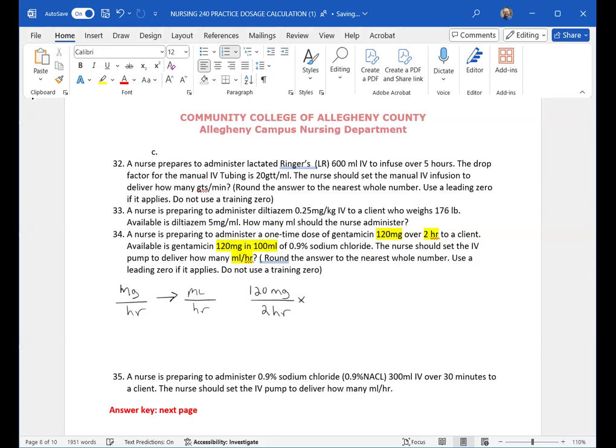So we're going to look for that conversion, milligrams to milliliters, which we have here under what's available. We take the 120 milligrams and the 100 ml. The 120 milligrams cancel out, so you just do 100 over 2, and this should be 50 milliliters per hour.